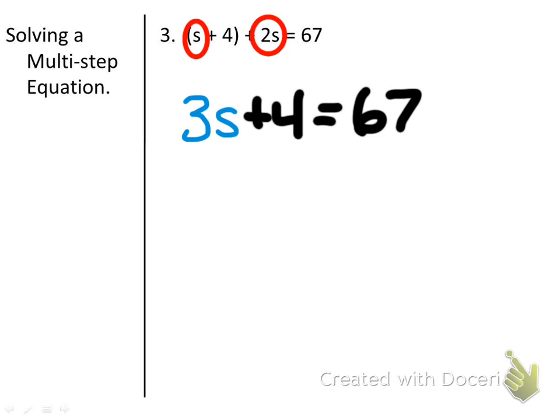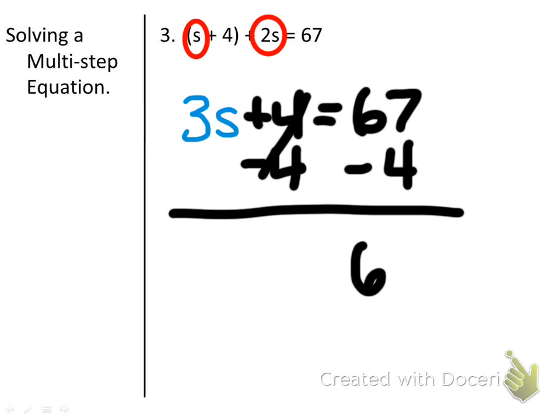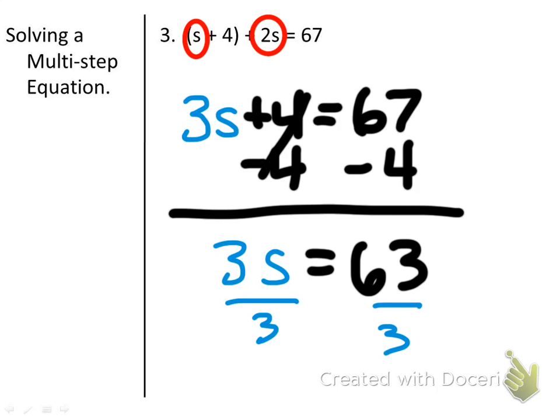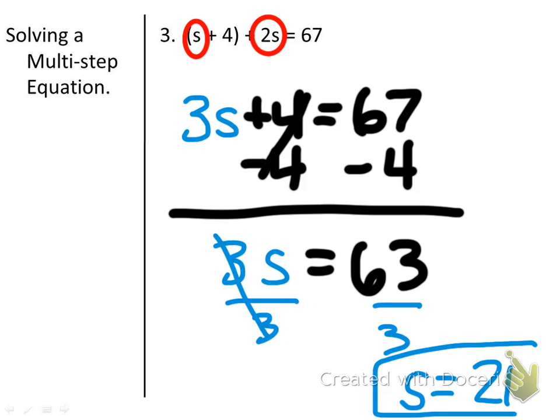The opposite of adding 4 is subtracting 4, and I get 63 equals 3s, divide by 3, and what is the answer? That's correct, it's 21.